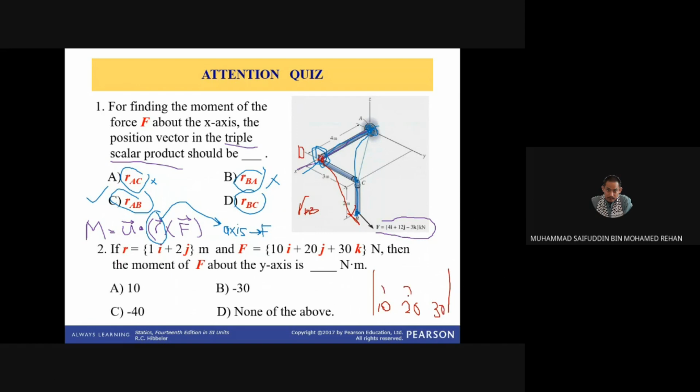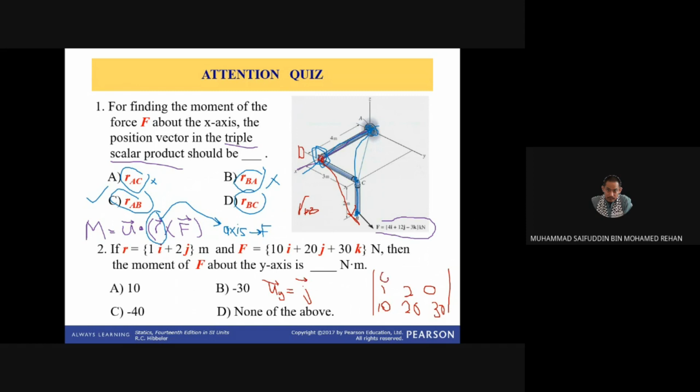1, 2, 0. If R is 1 and F, then the moment of F about Y axis. So for Y axis, you have to basically just input the unit vector for Y axis, right? The unit vector for Y axis is J, right?